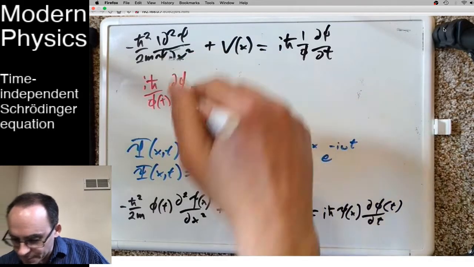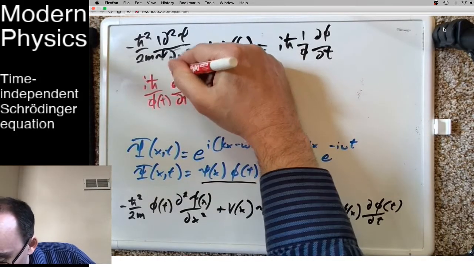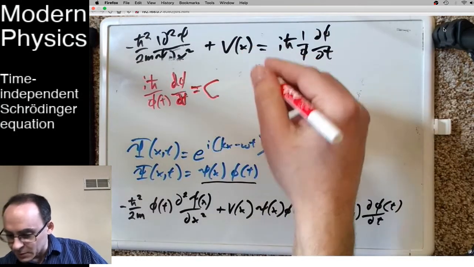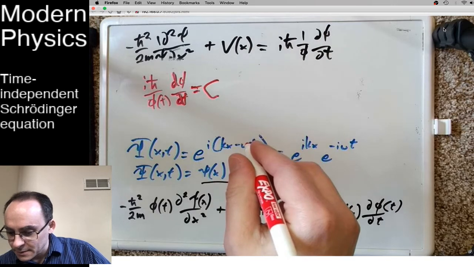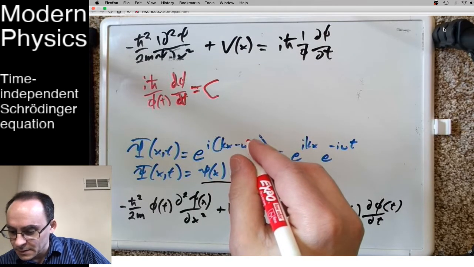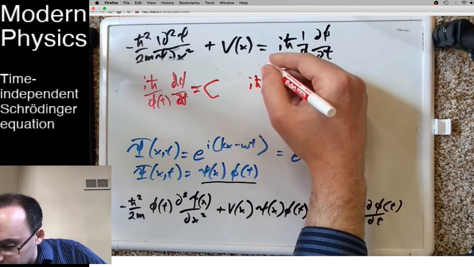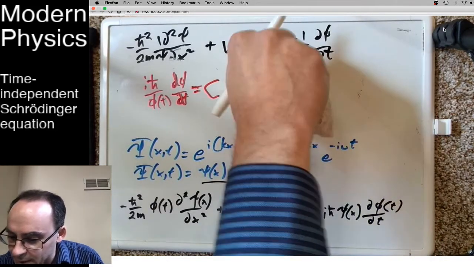And like I said, I can write this as just regular derivatives. Now let me move these things around and get things on the same side. I'm going to put the IH bar on the other side.